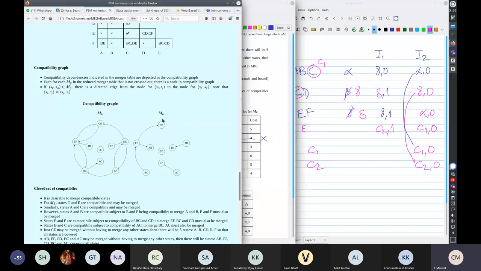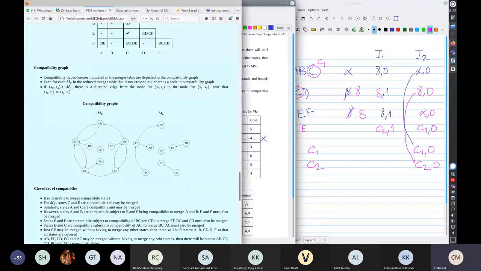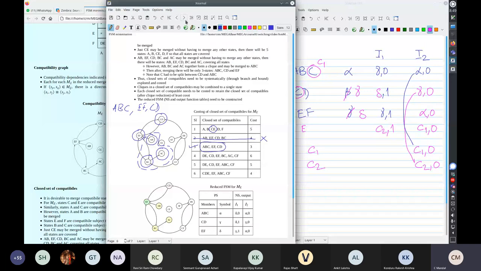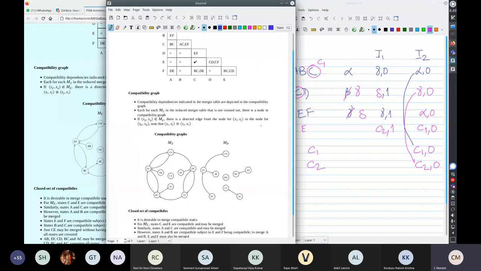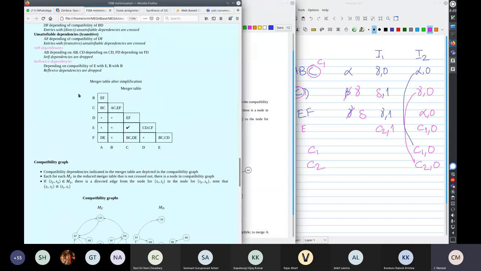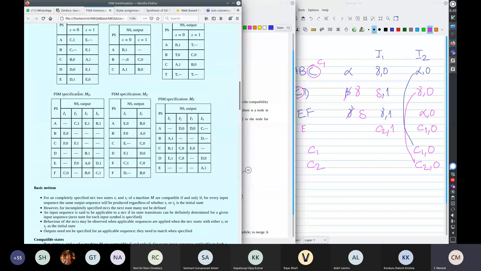So why don't you work this out yourselves? Or I can show the compatibility graph of MD here. Yeah, this is the compatibility graph of MD, and the machine MD is shown over here.